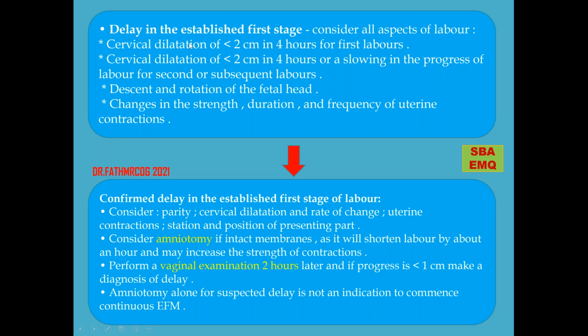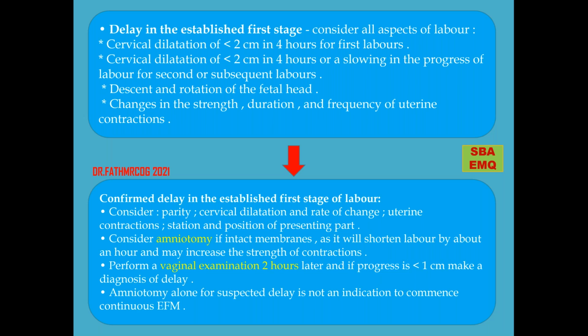If there is any delay in the established first stage of labor, consider the whole spectrum of labor. Cervical dilatation of less than 2 centimeters in 4 hours for the first labor. If you do BV every 4 hours and find cervical dilatation less than 2 centimeters, this is a suspected delay.